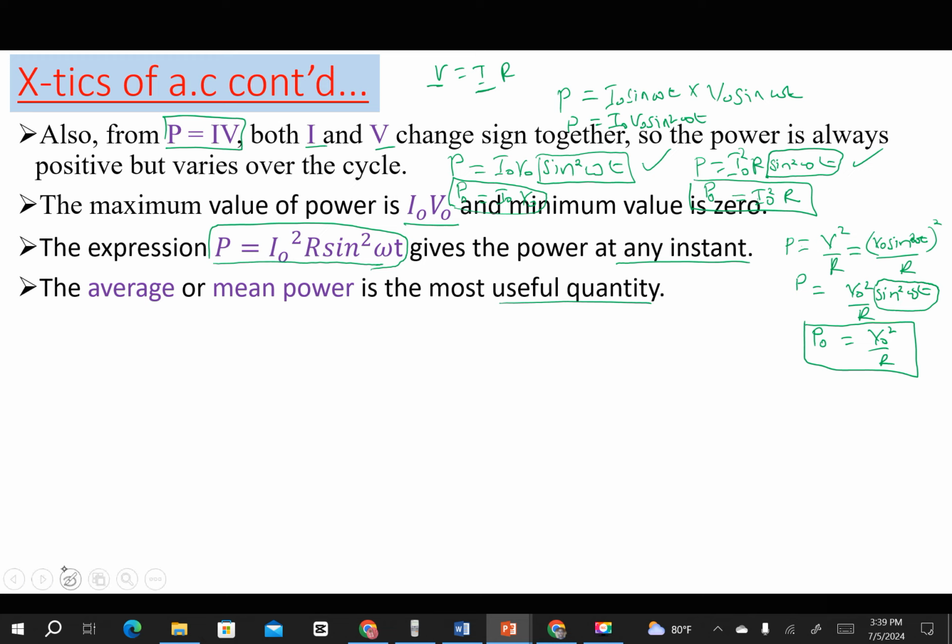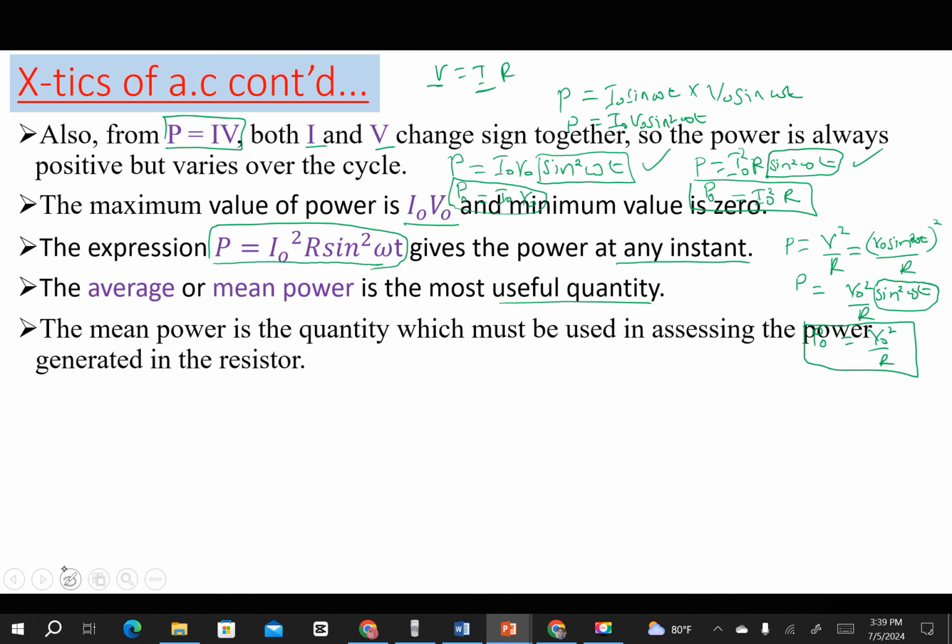So what do we mean by this mean power? The mean power is the quantity which must be used in assessing the power generated in the resistor, because the power varies from 0 to a certain maximum. Therefore, since it varies from 0 to a certain maximum, it is better we take the average power. So the average power is very, very important.